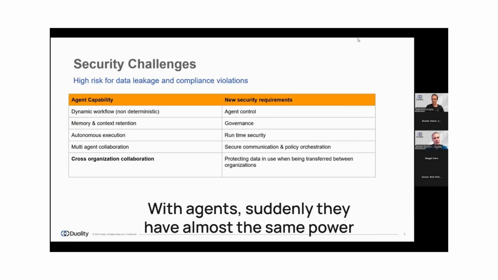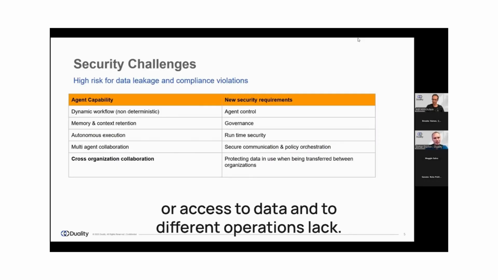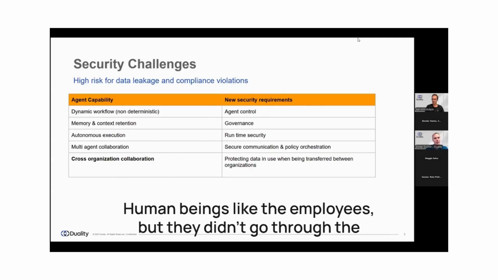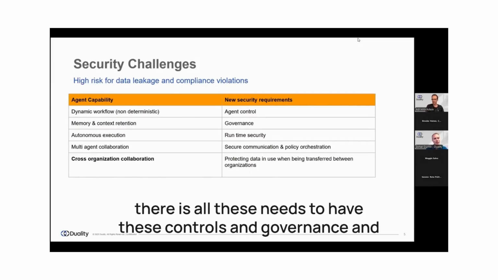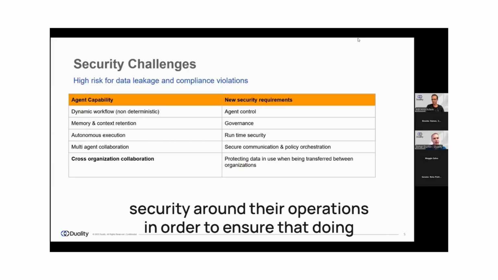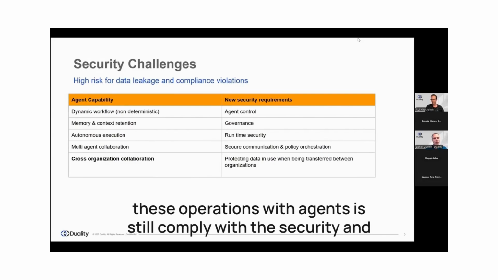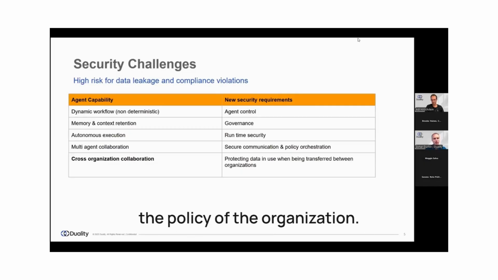With agents, suddenly they have almost the same power, access to data and to different operations like human beings, like the employees, but they didn't go through the training about what is allowed and what is not allowed. And therefore, there is all this need to have these controls and governance and security around their operations in order to ensure that doing these operations with agents still complies with the security and the policy of the organization.